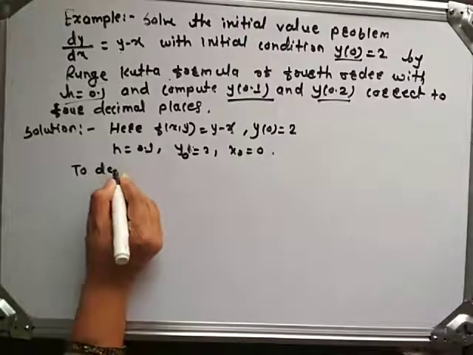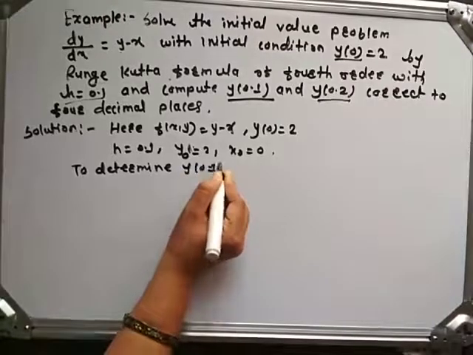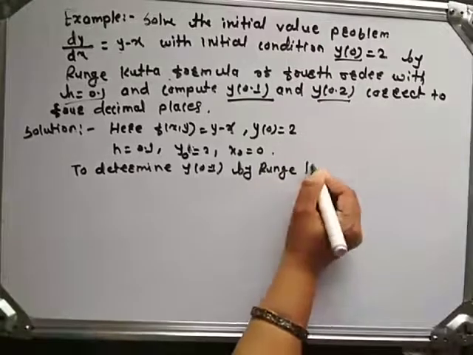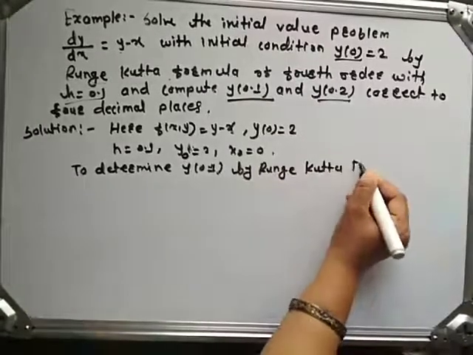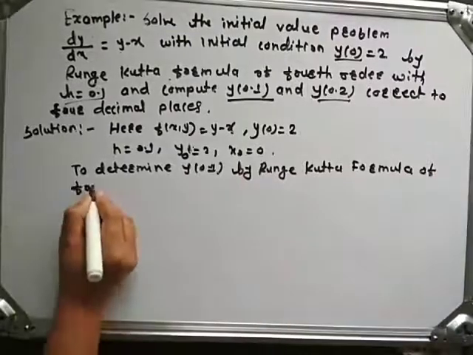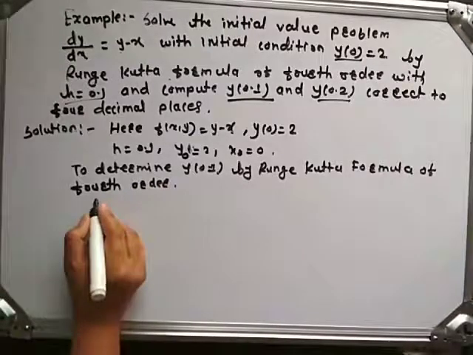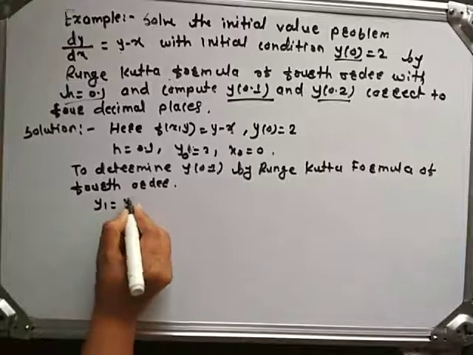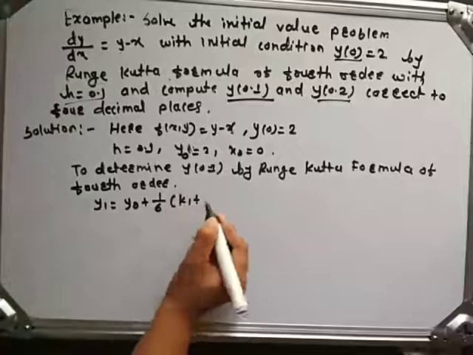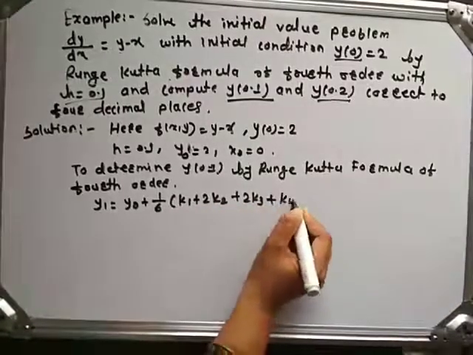To compute y of 0.1 by using the Runge-Kutta formula of fourth order, that formula is y1 is equal to y0 plus 1 by 6 into (k1 plus 2 into k2 plus 2 into k3 plus k4).